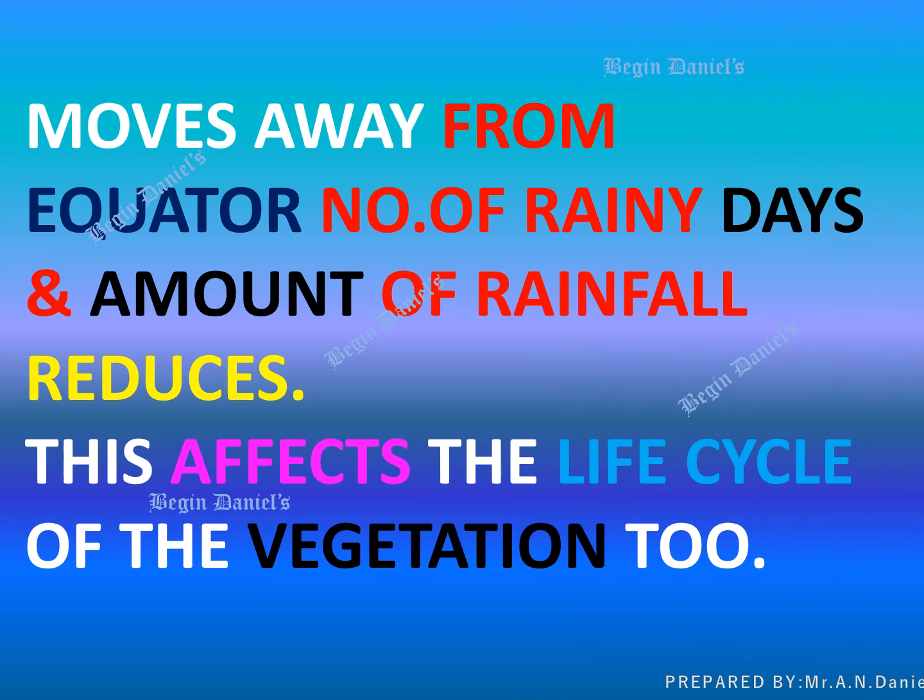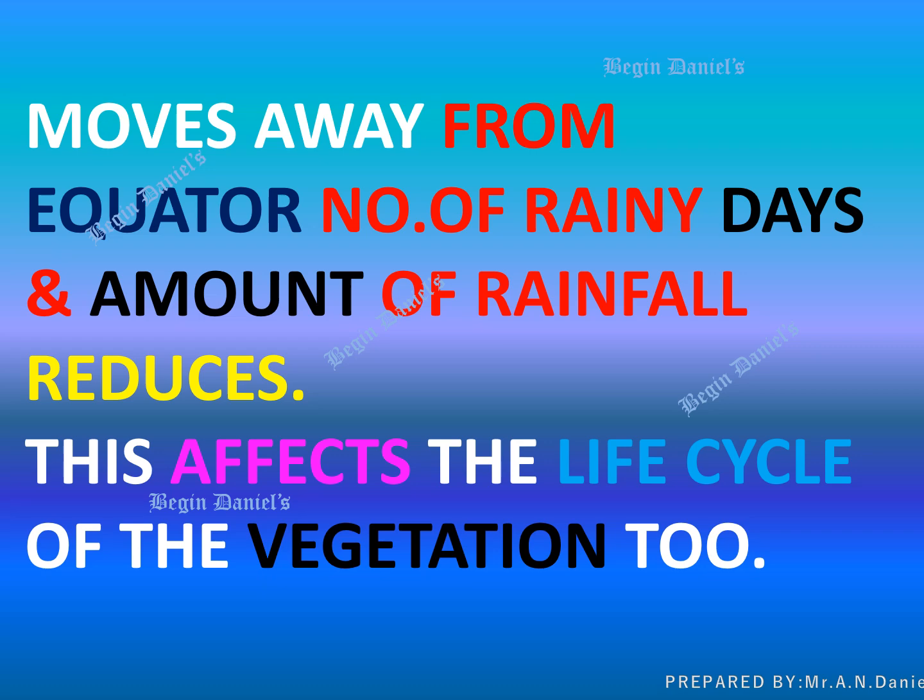When you start moving away from equator, that means from northern side to southern side, towards Tropic of Capricorn, the number of rainy days and amount of rainfall decreases. So if you are going towards south, the number of days and amount of rainfall decreases.